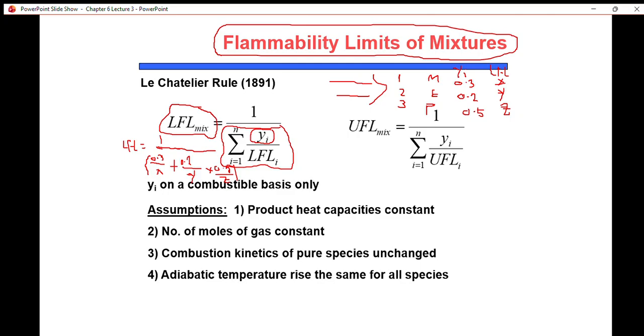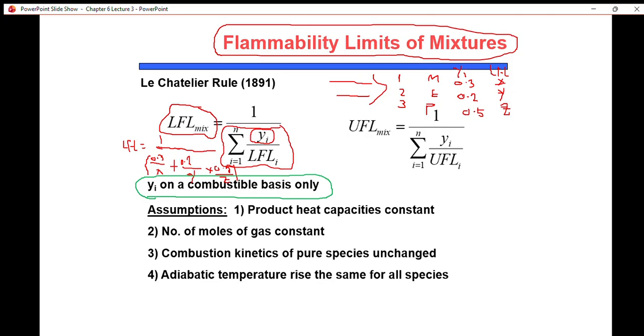Yi is always based on the combustible basis, which means that if I have a stream that has three components, 2 of them are flammable or combustible and 1 of them is not combustible.